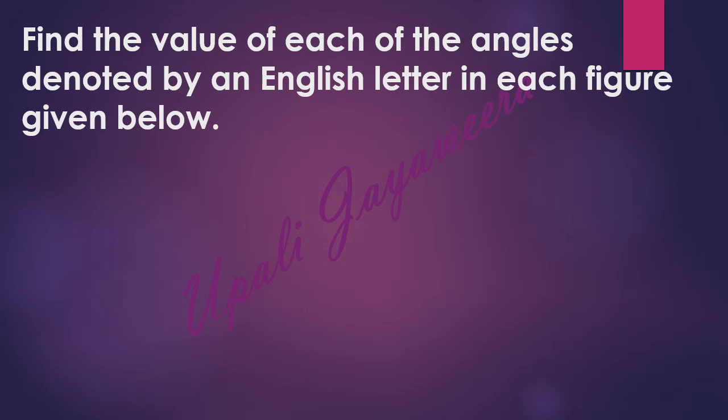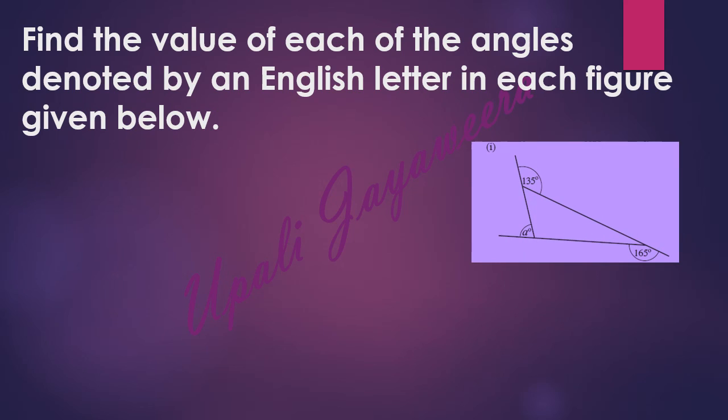Find the value of each of the angles denoted by an English letter in each figure given below. Now we'll get the first one. Two exterior angles are given. You have to find the other exterior angle.